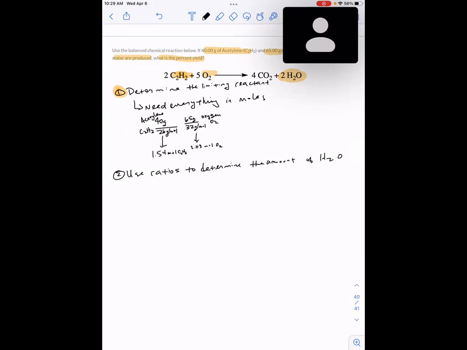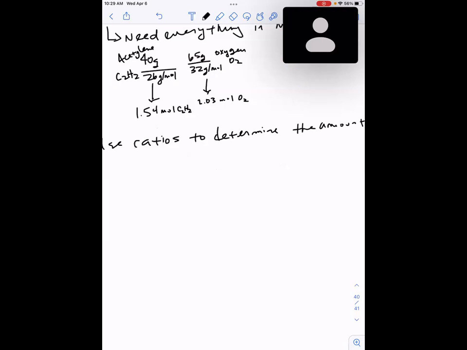What's my relationship between acetylene and water? What's the stoichiometric relationship between those two? Acetylene is 2 to 2, or 1 to 1, right?